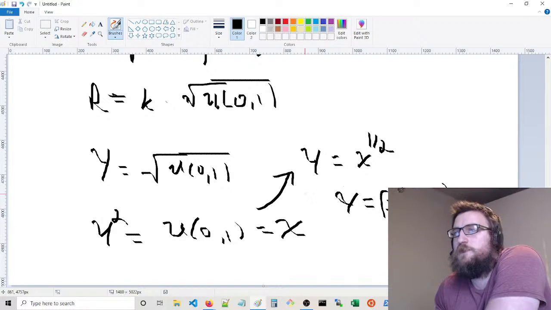That's the distribution for y. And that means that r is equal to k times beta 2, 1.